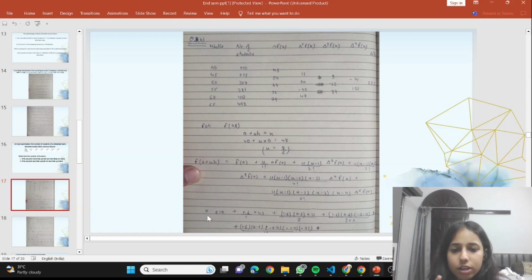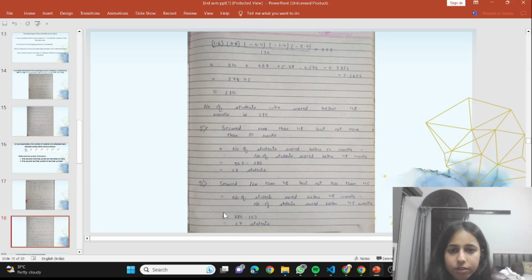Now we will put the values of fa and u, and we'll calculate the value of f of a plus uh, and in the end we will get the value 280. So the number of students who secured below 48 marks is 280.